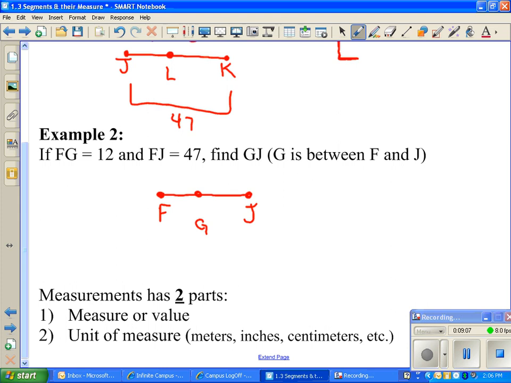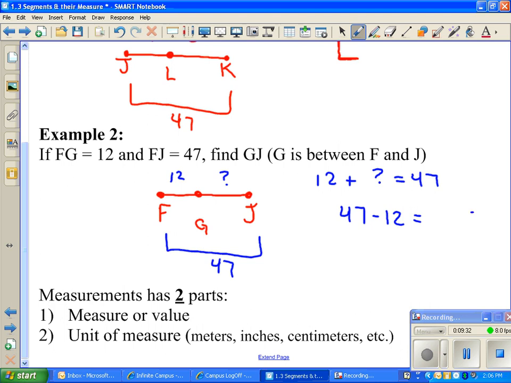It didn't tell me, so I'm just putting it in somewhere so I can have a visual of what's going on. FG is 12. The whole segment FJ is 47. How do I find GJ? 47 minus 12. Oh, very good, because he knew that 12 plus some number equals 47, so he just said 47 minus 12 gives me that answer.